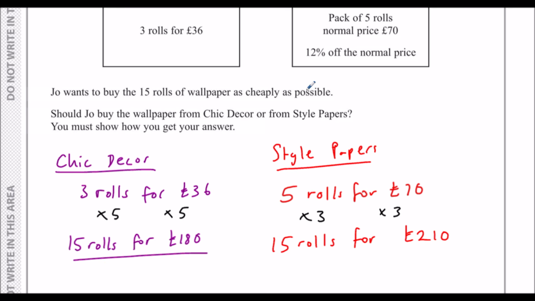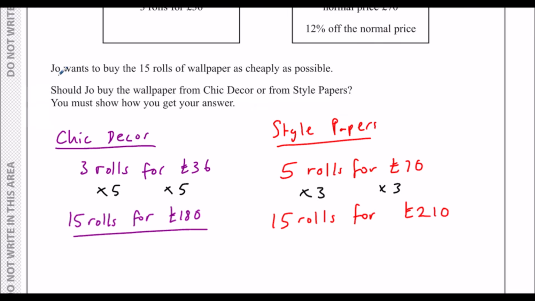But I get a 12% discount. So I need to take 12% off of this. The easiest way, or the quickest way to take 12% off, is 100% take away 12% is 88%. 100 take away 12 is 88.